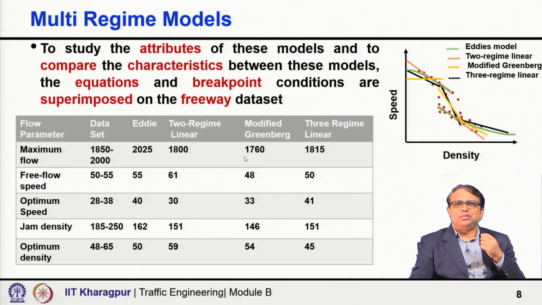Also, this table includes some of the salient, important values. For example, what is the maximum flow we observe from the data set and what we get from different models. Similarly, what is the free flow speed in which range as per the data and as per different models. Optimum speed, that is the speed at optimum density, what the data set indicates and what we get from different multi-regime models. The same is done for jam density and optimum density.